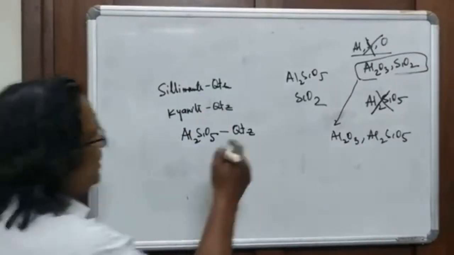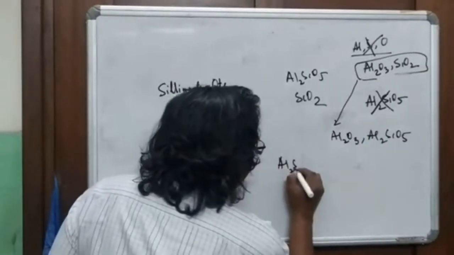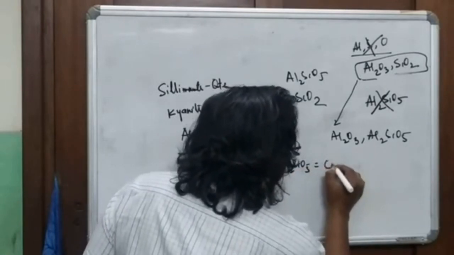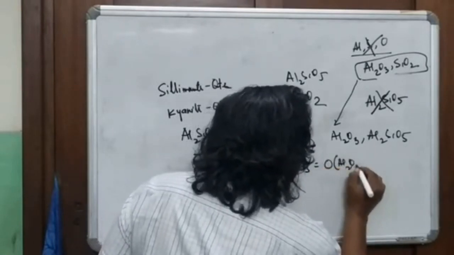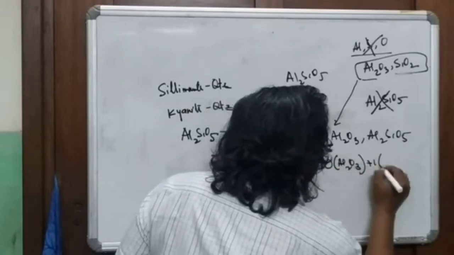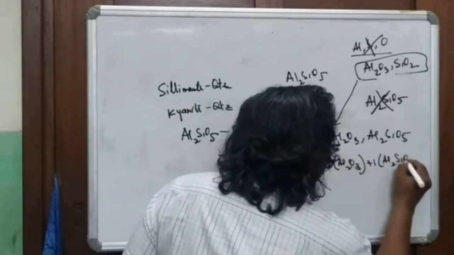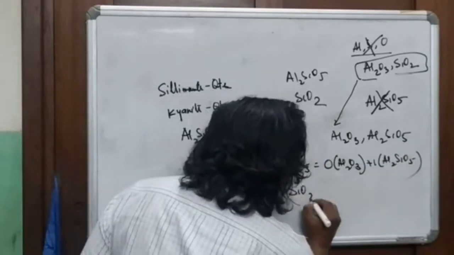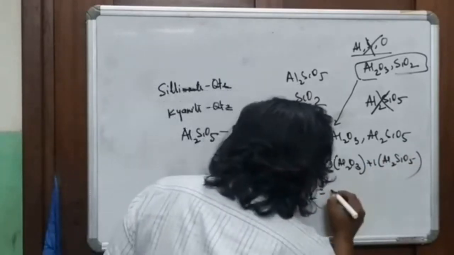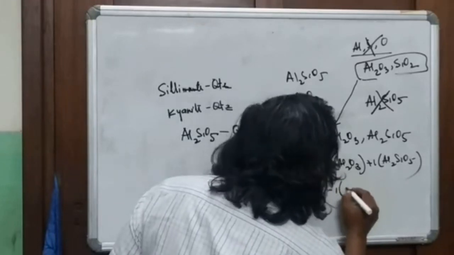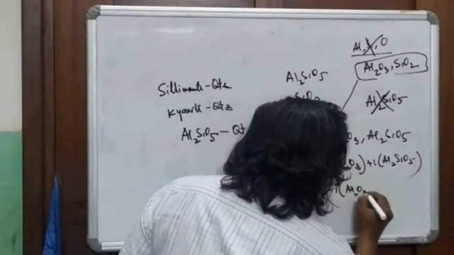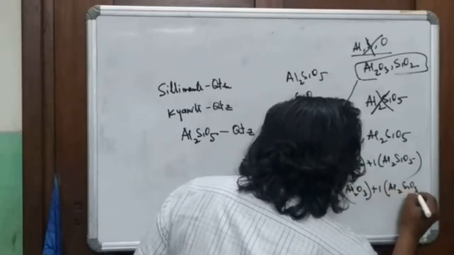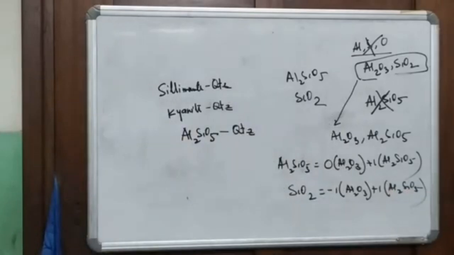Very simple. Al2SiO5, how will you write? As 0 Al2O3 plus 1 Al2SiO5. And you have SiO2, you will write as minus 1 Al2O3 plus 1 Al2SiO5. Yes, it's right.